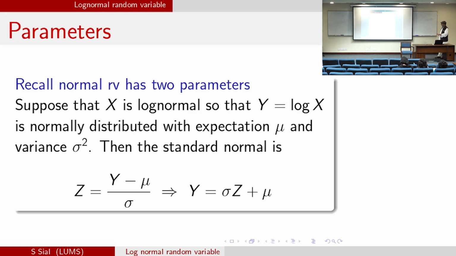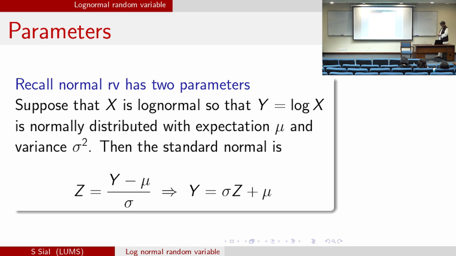Okay, so then how do we recover the standard normal from y? Well, the way we do it is standardizing any random variable to give you a new random variable which has a new mu equals 0 and a new sigma equals 1. You subtract off mu and you divide by sigma.